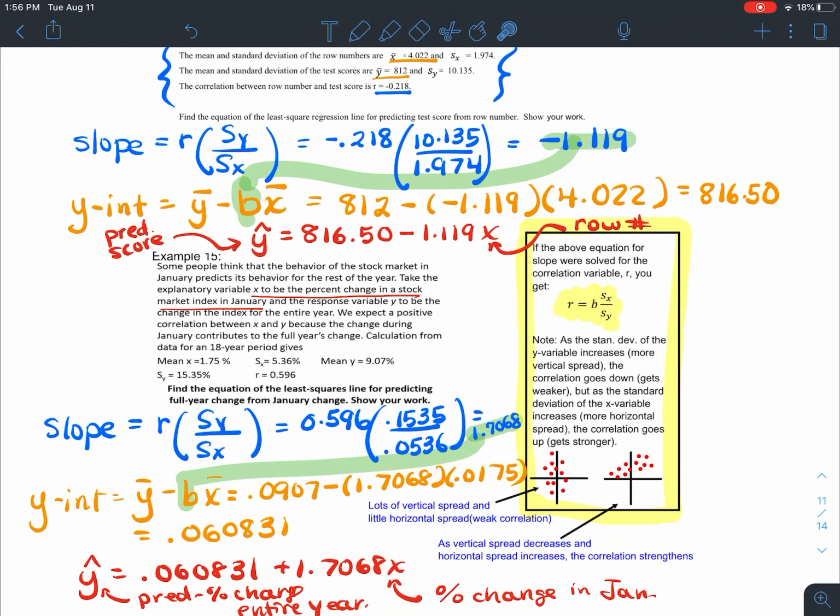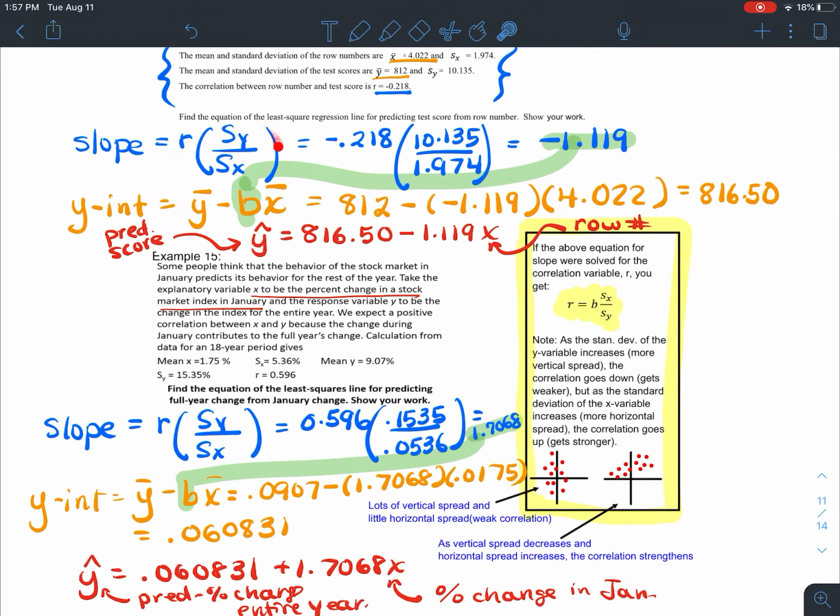What I just want to focus on here is what is in this box, okay? And I want you to really think about this formula for r, because what we're after is to see how the correlation changes as these standard deviations change. Getting the correlation comes from the fraction standard deviation of the x's divided by standard deviation of the y's, and then times the slope.